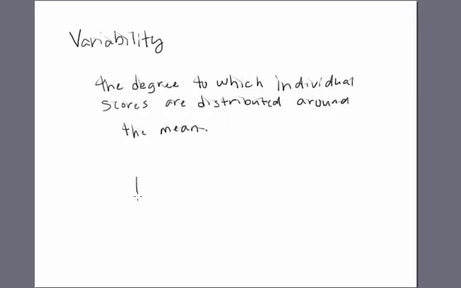If we were to draw a distribution of scores, and this one here almost looks normally distributed, the mean would be somewhere in the middle, and let's say the mean was equal to 75. It really doesn't matter what these scores represent.